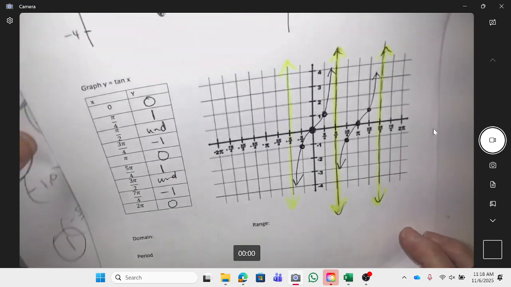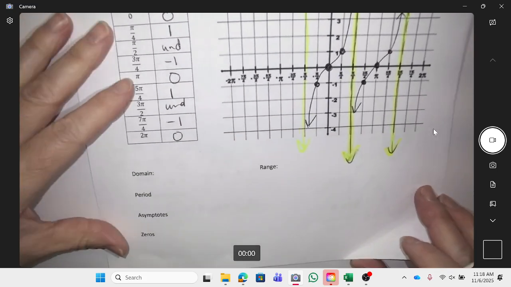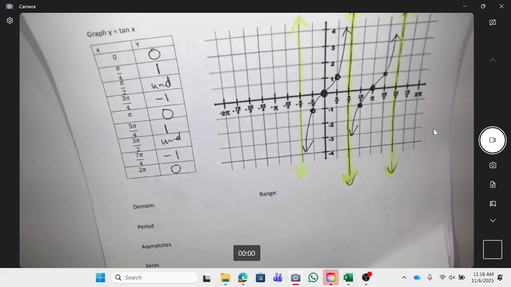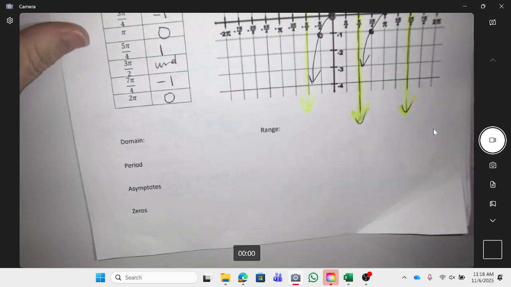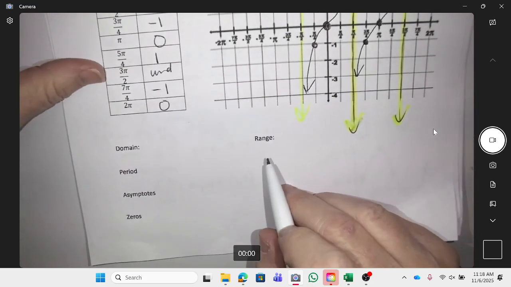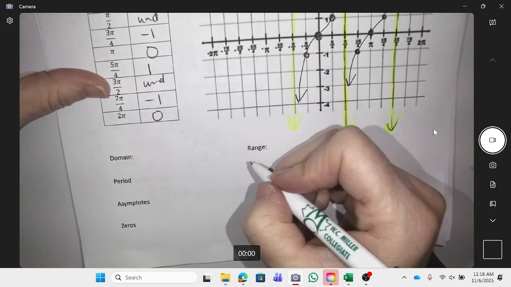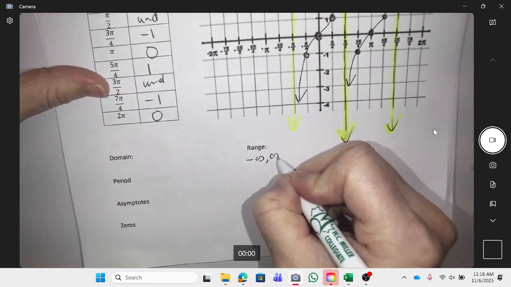Okay, let's go down to, well, range is the easiest, because what's the low? Negative infinity. What's the high?